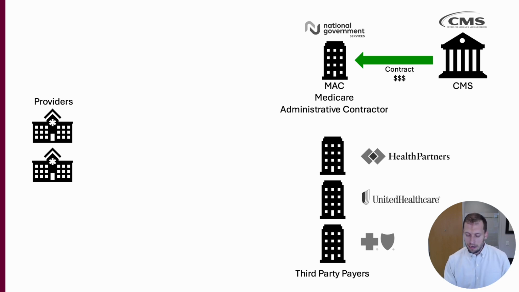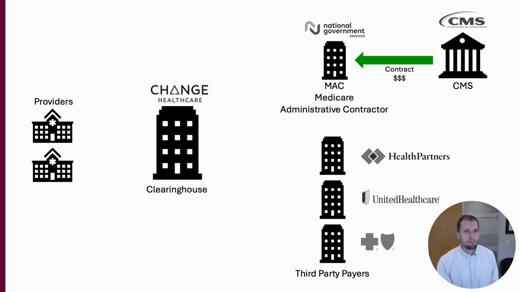So all the money is provided to NGS by CMS, along with a contract to administer Medicare claims and services for our region. Okay. We're not going to send them directly to the MAC in most cases.